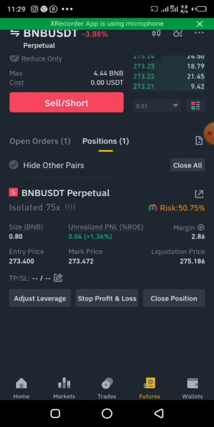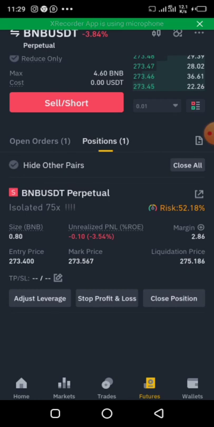This is actually where I don't normally advise people to trade like this, to use high leverage. It's only gamblers that work in this manner. But you can see the size of BNB, 0.80 BNB, the unrealized PNL.